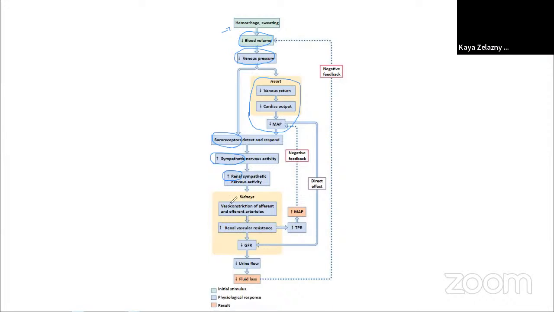is that they are going to do vasoconstriction, right, of our afferent and efferent arterioles, which is going to increase our vascular resistance. Okay. And one effect here is that we're going to be decreasing our glomerular filtration rate, which means we're going to be decreasing our urine flow, which means we're preventing fluid loss.